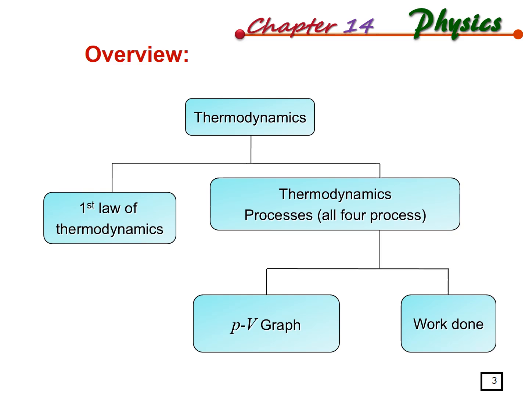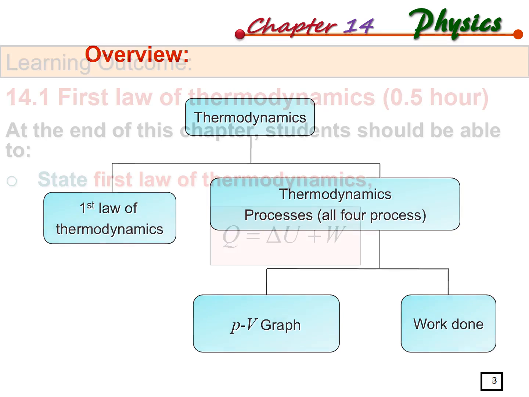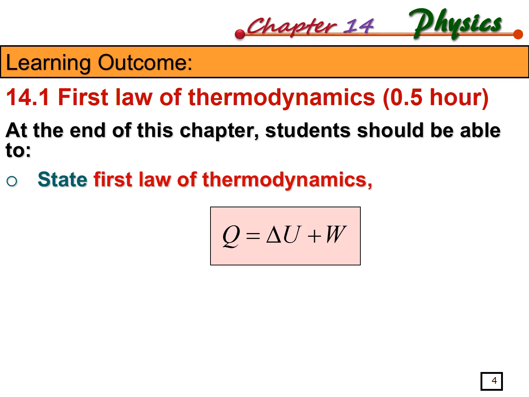So now we are going to look at the first subtopic, which is the first law of thermodynamics. What is the outcome for level C1, that is, state the first law of thermodynamics?